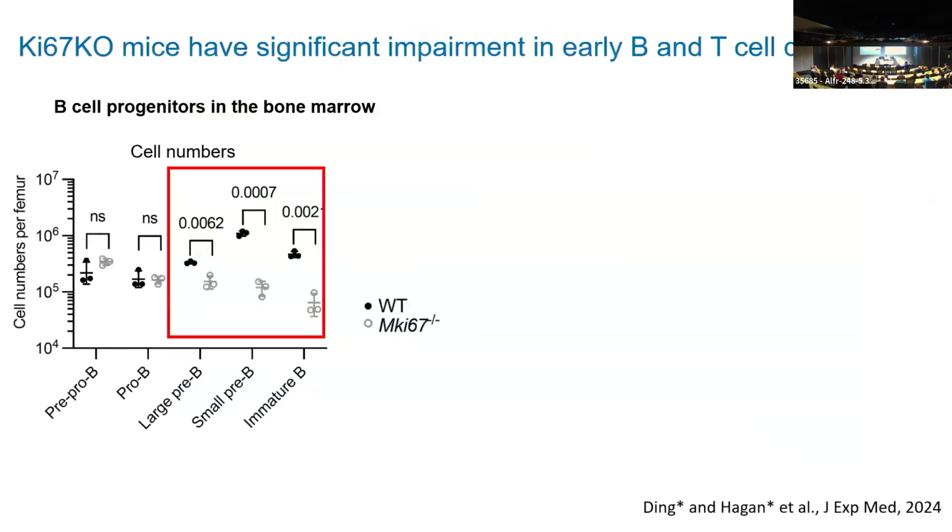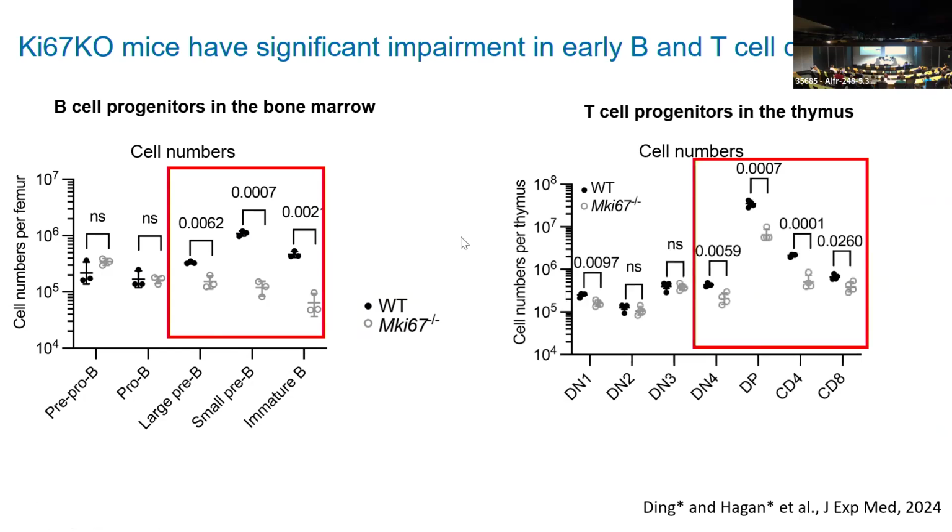So we looked at those early lymphocyte progenitors. We found a substantial decrease in the B cell compartment in the bone marrow, starting from the large pre-B and the subsequent stages. Similar things were found in the T cell progenitors in the thymus, starting from the double negative 4 stage onwards.